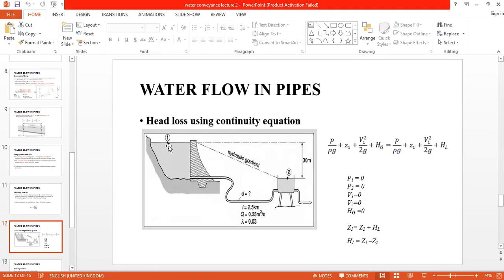Okay. So remember, we said that if we have water, like for example in here, at the base here, the pressure will be equal to the height of the water. So if my point 1 was here at the base, then it will be 30 meters.